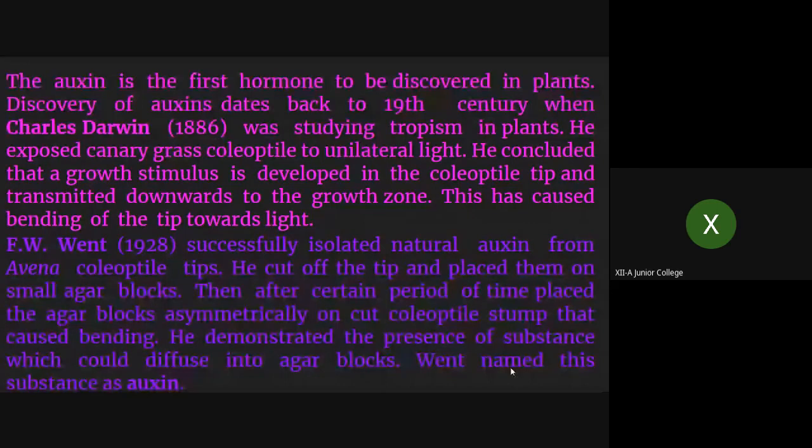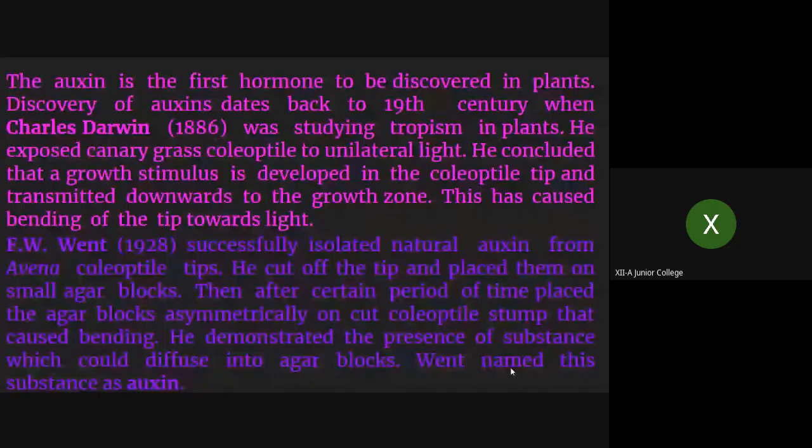To prove this, a similar type of experiment to the one performed by Darwin and his son was performed by F.W. Went successfully to prove the action of auxins. He successfully isolated neutral auxin from Avena tips.